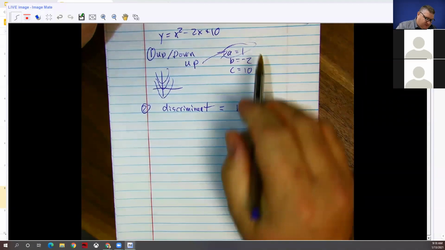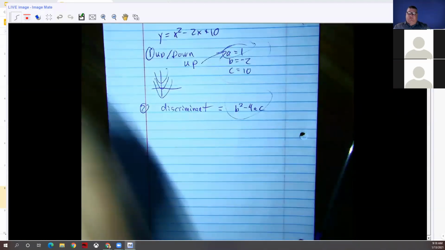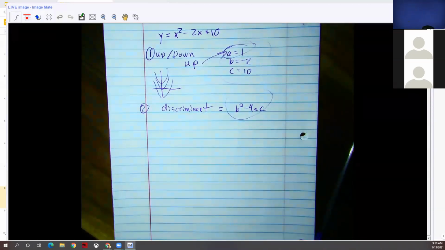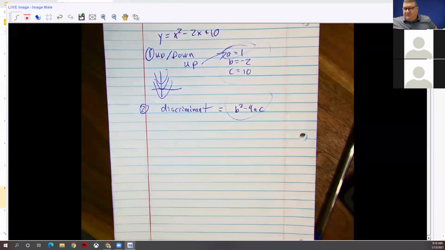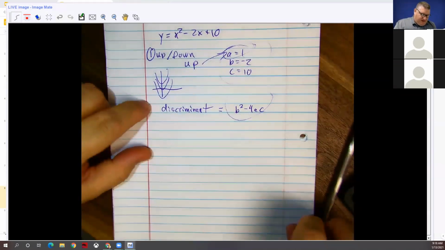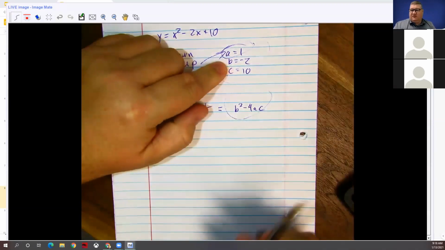Okay, everybody use these 3 numbers to find the discriminant. Go, I'm going to turn my lights back on. Find me the value of the discriminant using those numbers right there.